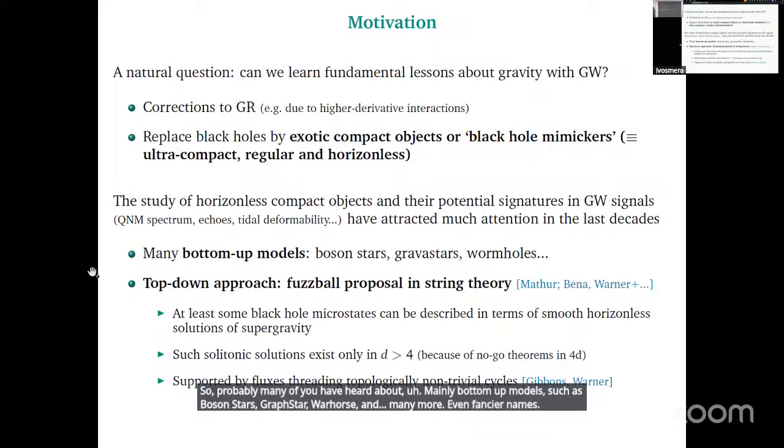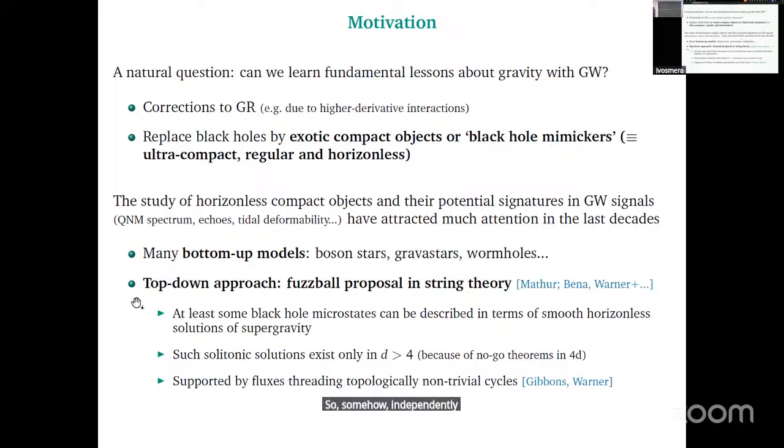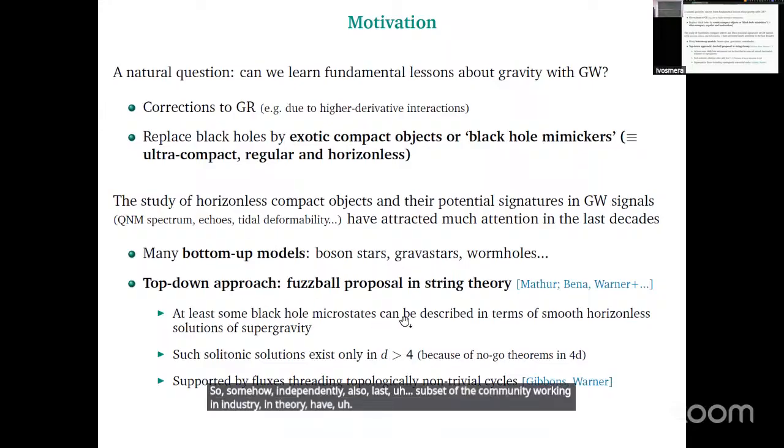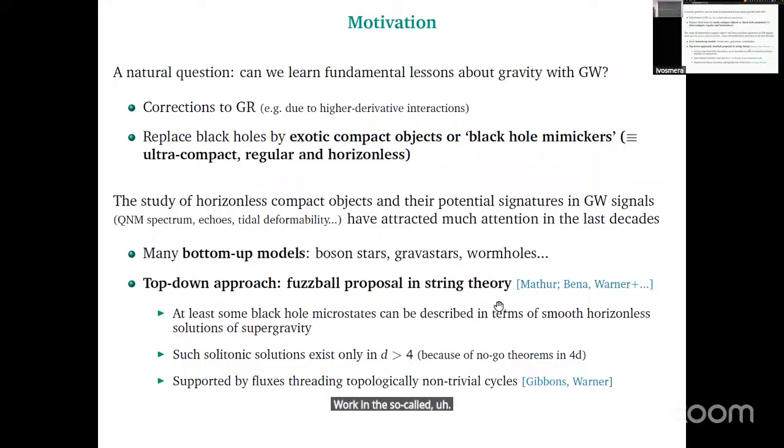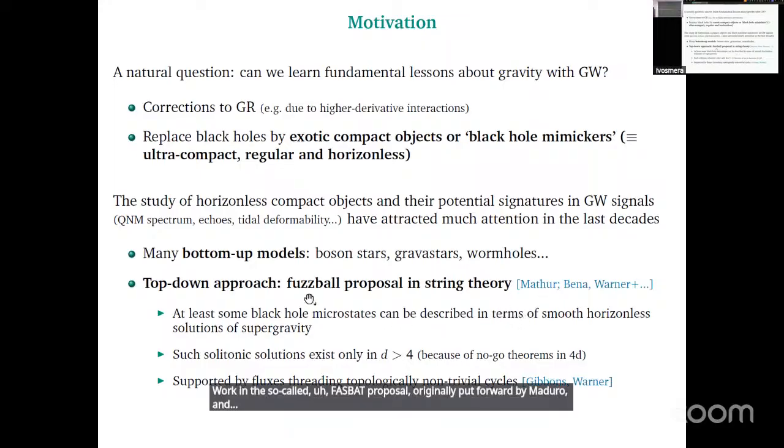Somehow independently, also a large subset of the community working in string theory have worked on the so-called fuzzball proposal, originally put forward by Mathur, whose main idea is that at least some of the black hole microstates can be described in supergravity in terms of smooth horizonless solutions.